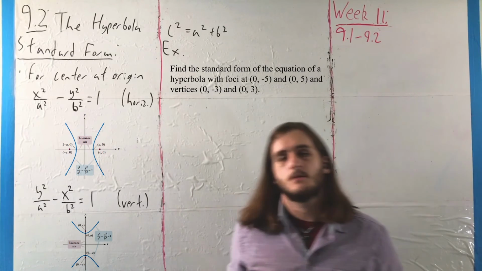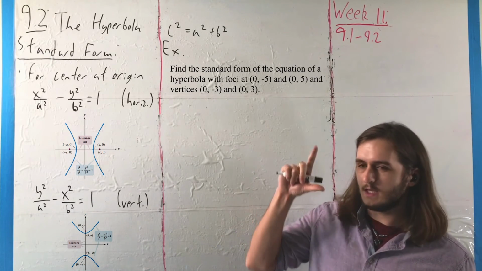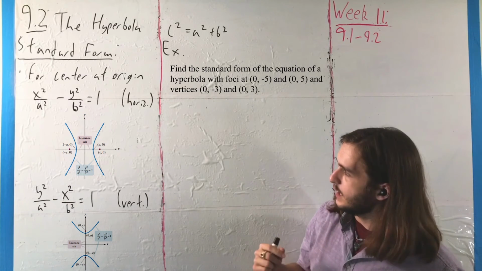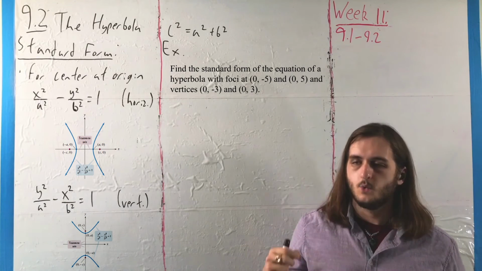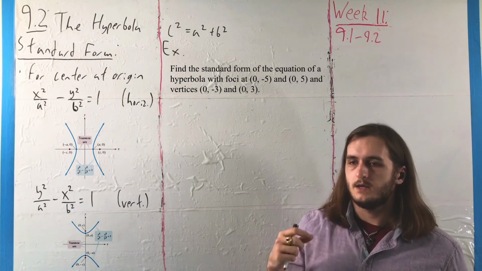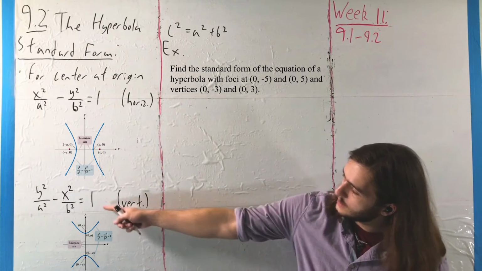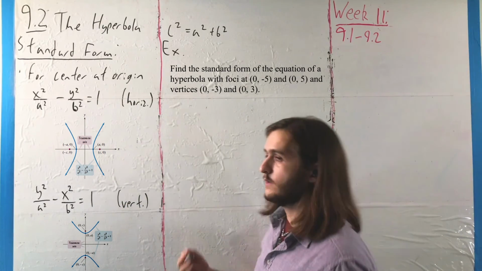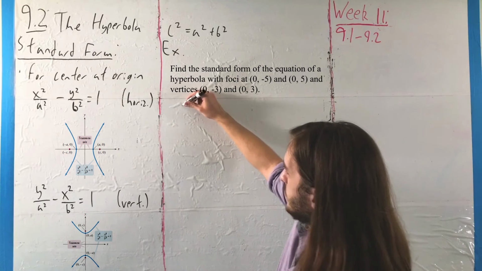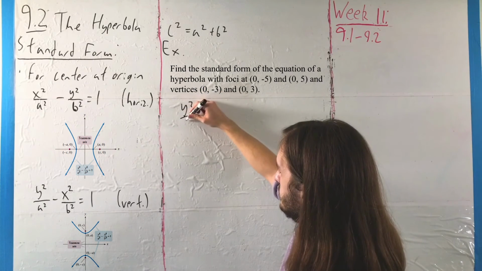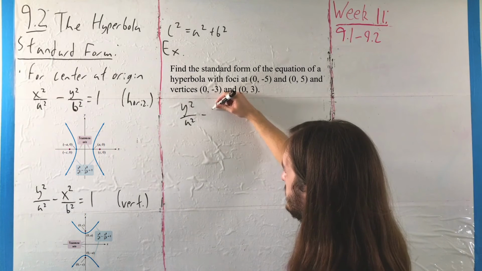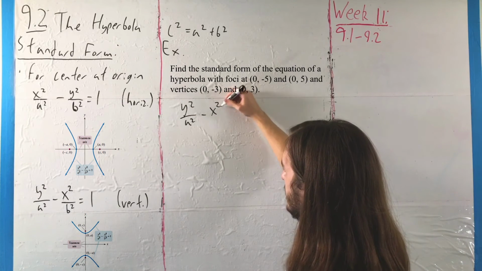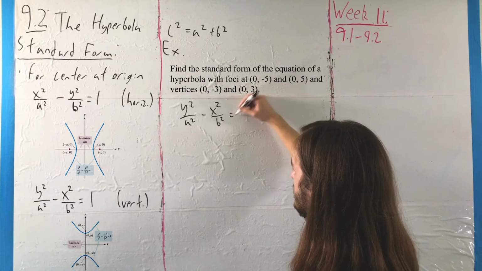So again, remember that the vertices are always going to be inside of the foci, as it were. And in this case, we have foci and vertices in terms of the y-coordinate. So because of the arrangement we're working from, our goal is going to be to get something of the form y squared over a squared minus x squared over b squared equals 1.